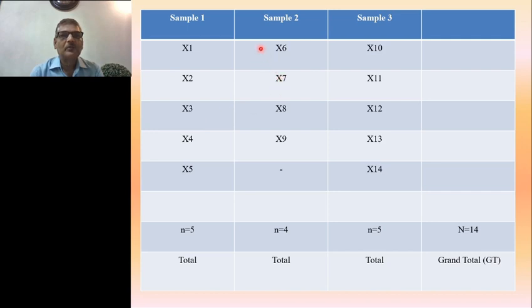Sample 2 is a different experiment or a different source of data. Here only four variables are there, from x6 to x9. Then you have the third sample, in which again 5 variables are there.